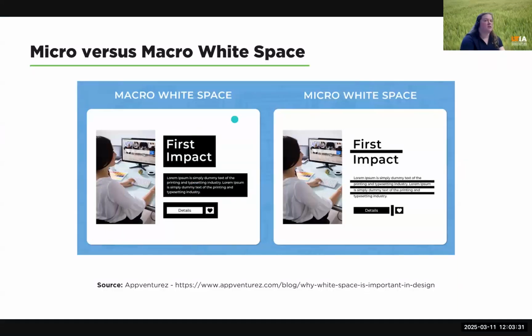The concept is still the same. So macro white space is all of the space between your larger design elements, and micro white space would be all of the space in between the smaller design elements. So in between each word or each sentence, even the space between the details button and the heart button in this example, that's going to be our micro white space.